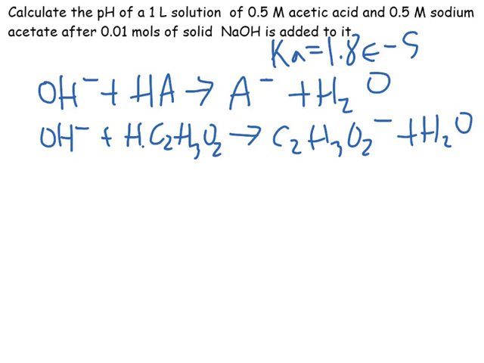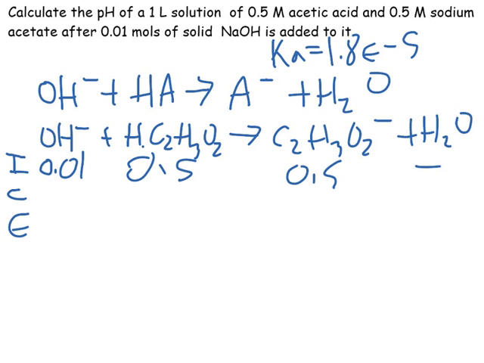So it's just an ICE problem really. It's going to start off as 0.01, and then this is going to be 0.5. It's 0.5 as well, and that doesn't matter. It's going to react to completion, so all the hydroxide is going to go away.